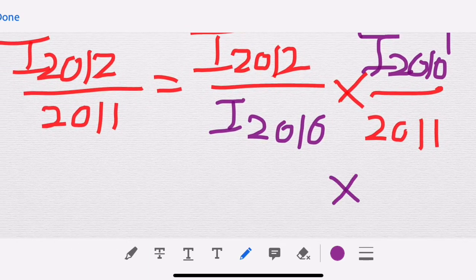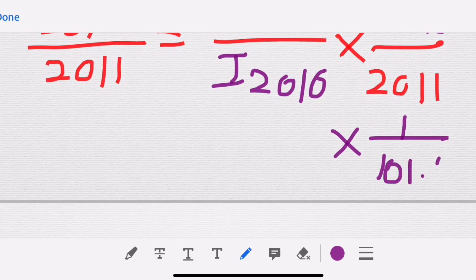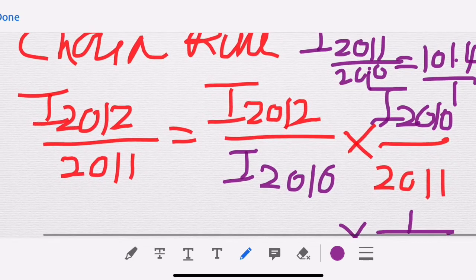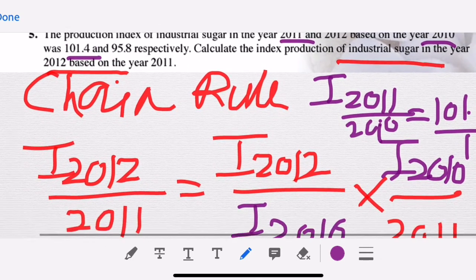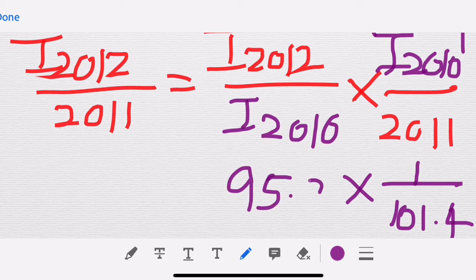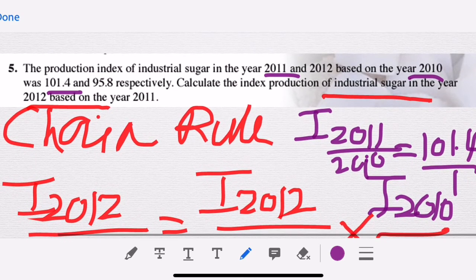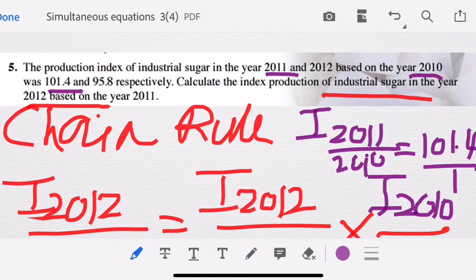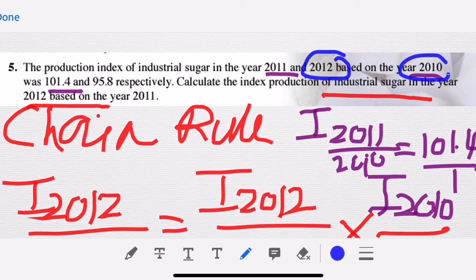So we have to times 1 over 101.4. Got it? Okay, so 2012 based on 2010 was given 95.8. This one is okay. It was given in the question. 2012 based on 2010 is stated clearly there. This is 95.8.